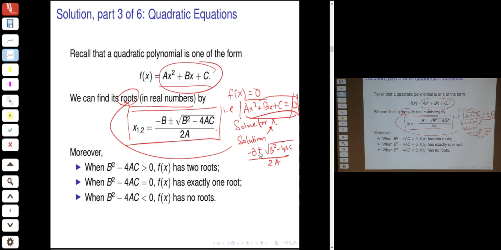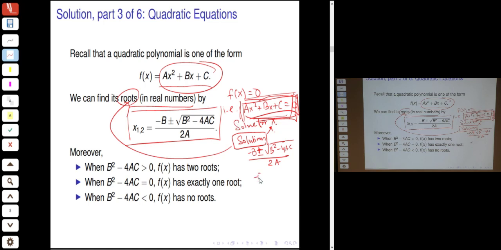And what is the meaning of plus minus? Plus minus simply means the following. We already discussed that there are going to be two solutions to this equation, two roots, which set ax squared plus bx plus c equal to 0.